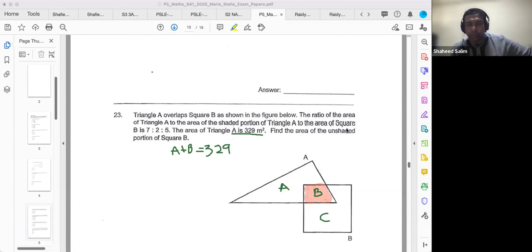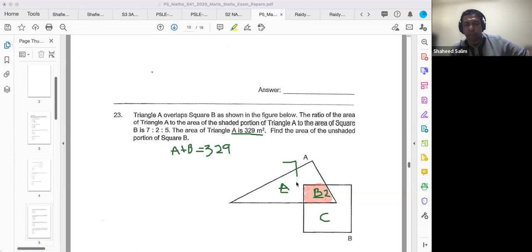You see, the ratio of area A to the shaded portion of the triangle to the square: A plus this is 7, this one is 2, then this one is 5.